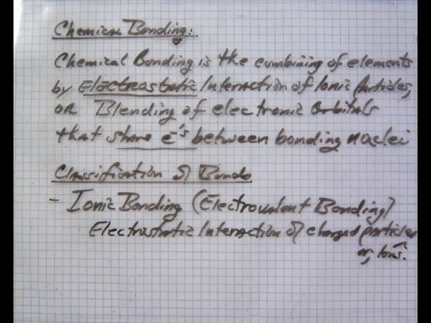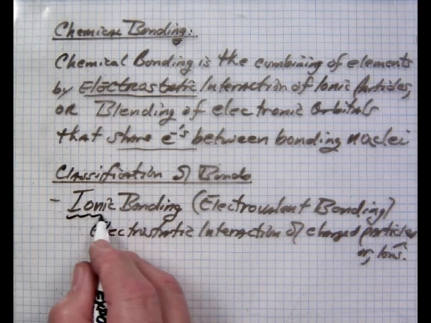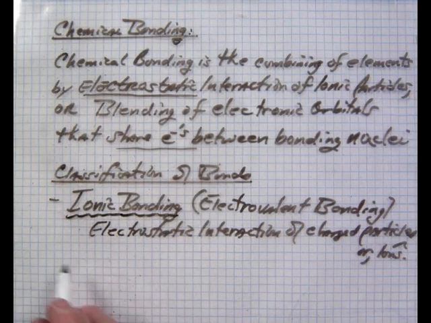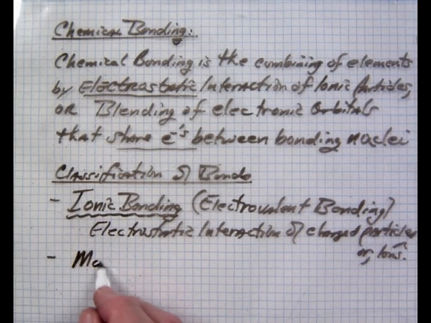Or ions. The definition of a charged particle in chemistry is an ion, or an ion is a charged particle. And of course, that is the first type. And the second one is, of course, your textbook uses molecular bonding.